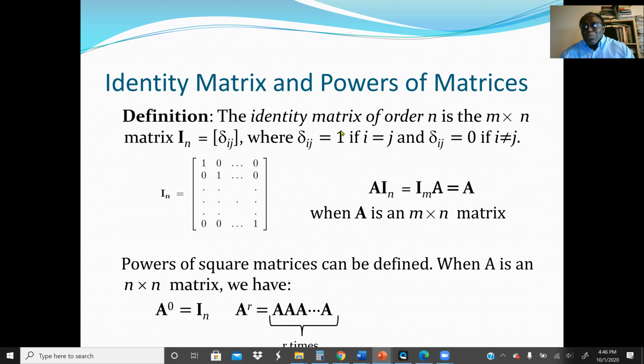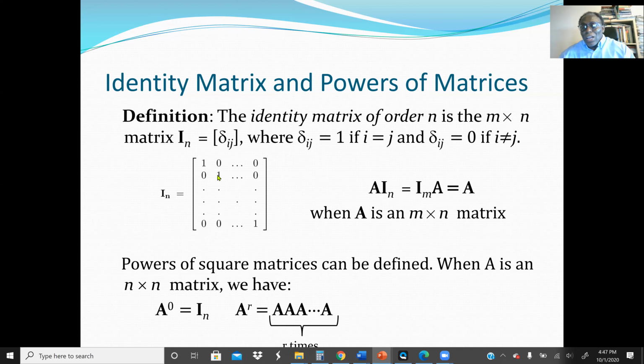So an identity matrix of order n is the n by n matrix In equal to delta ij. But this time, the element delta ij is 1 only if i equals j. So in the positions 1, 1, 2, 2, 3, 3, 4, 4, 5, 5, all the values there will be 1.